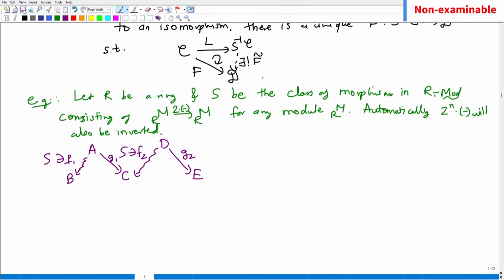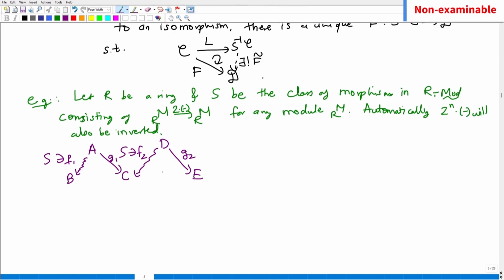So this particular map G1 composed with F1 inverse is a morphism in the resulting category, because F1 will be invertible. So G1 F1 inverse is a new arrow in the resulting category. We are trying to describe what happens in S inverse C. So this part will be invertible.